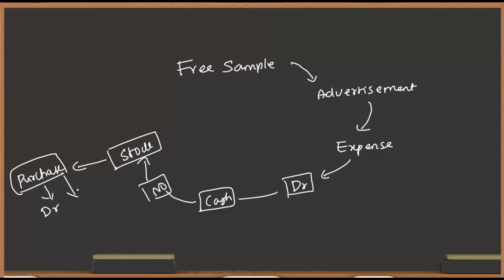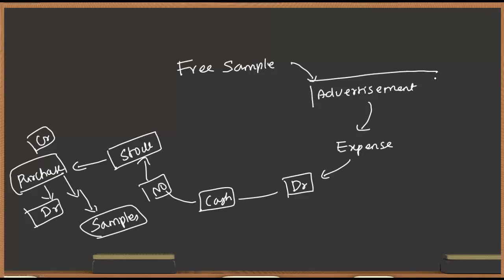It is coming down because stocks are given out as samples. When we make a purchase, we debit. Now this purchase is losing value because it is taken out for distributing a sample. So to the extent it is taken out as a sample, it should be credited. So the entry should be debit the advertisement account and credit the purchases account.